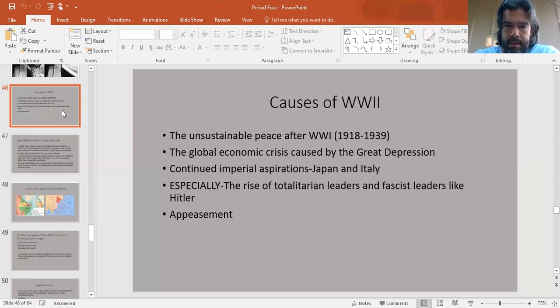Also, I can't emphasize this enough. If you're going to try to bring stability and prosperity back after a major war like this, you really need the involvement of the most powerful country on earth, and that's the United States of America.